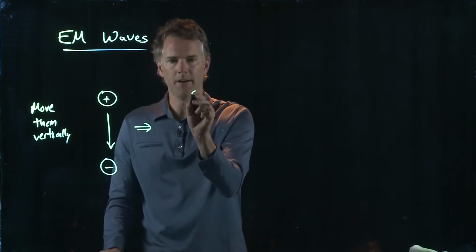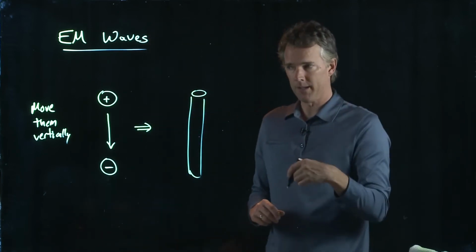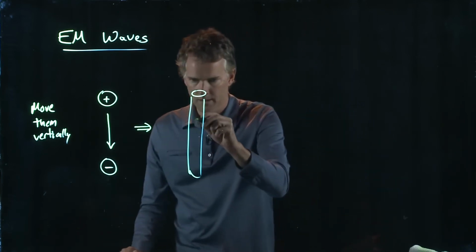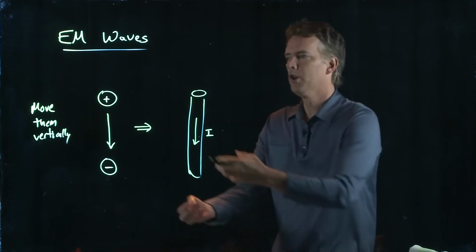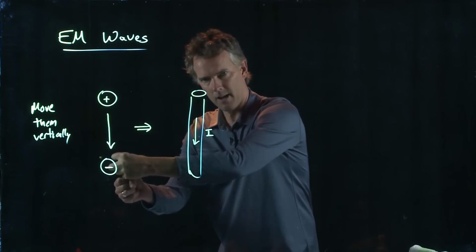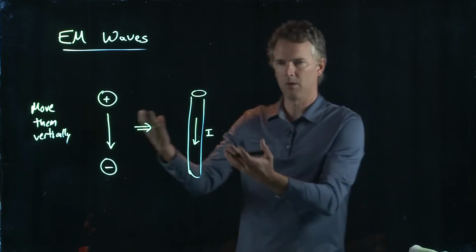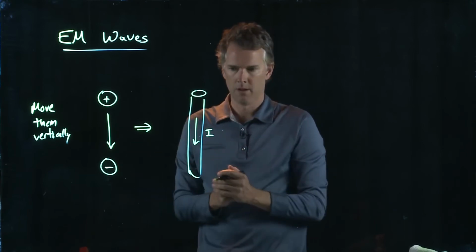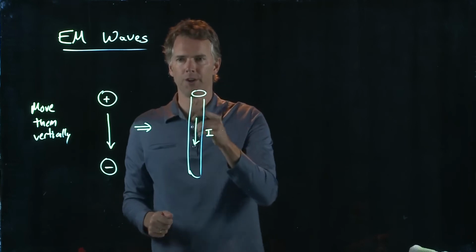If I take a wire and I run current up and down, then this current would look like positive charge heading down and negative charge heading up. These are equivalent pictures. But we know what happens when we have current.